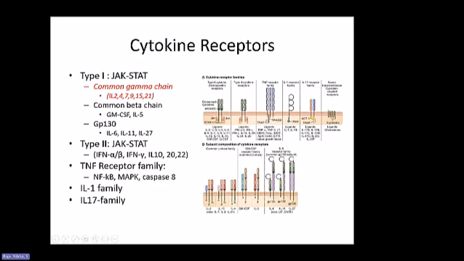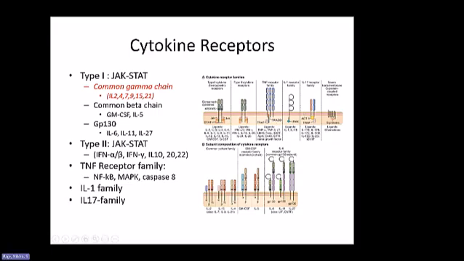These are the ones that bind to cytokines like interferon alpha, beta, so type 1 interferons, interferon gamma, and IL-10, 20, 22. The TNF receptor family is important in pathways like caspase 8 and NF-kappa B, with lots of different ligands that they interact with.